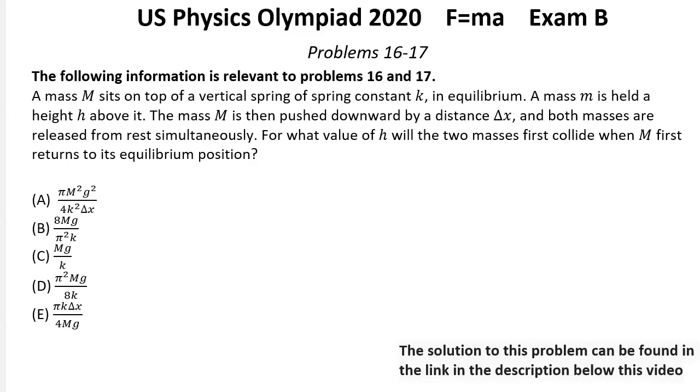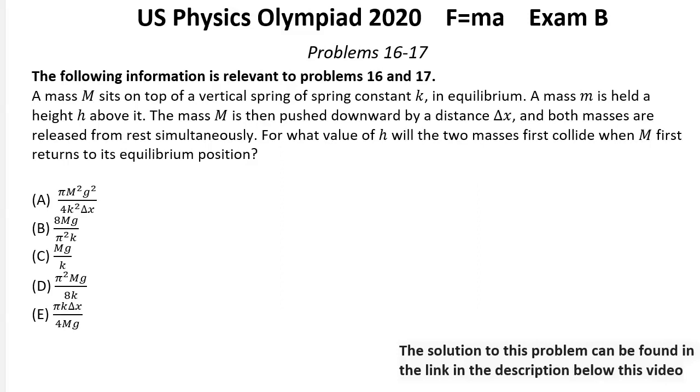Problems number 16 and 17. The following information is relevant to problems 16 and 17. A mass big M sits on top of a vertical spring of spring constant k in equilibrium. A mass small m is held a height h above it.